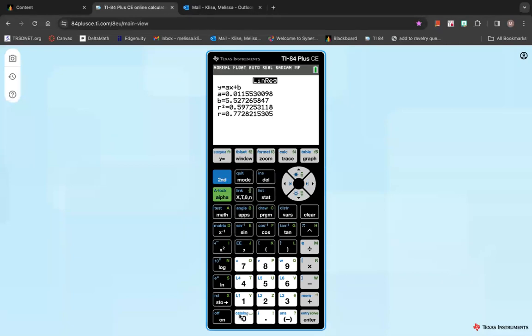Scroll all the way down till you get to the words diagnostic on. Whoops, there it is. I just scrolled right past it. Diagnostic on, and then hit enter, and then hit enter again. Then it's going to turn that on for you.